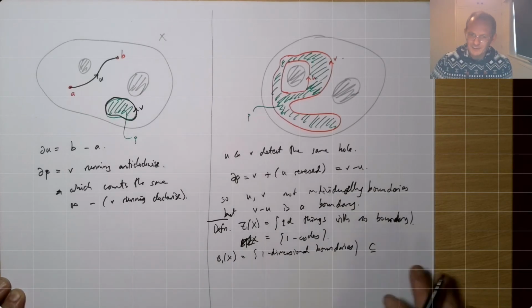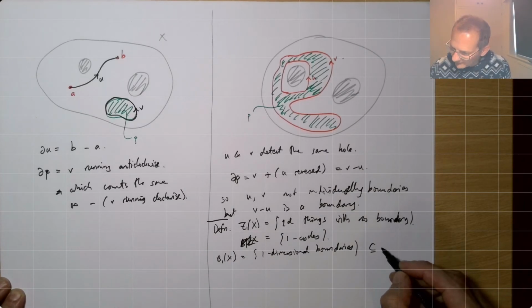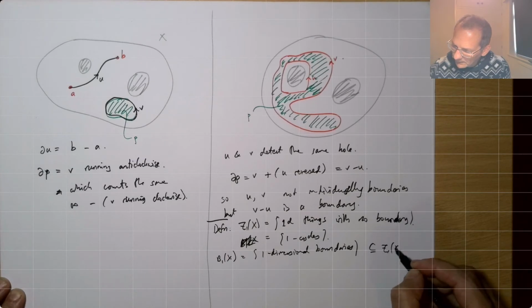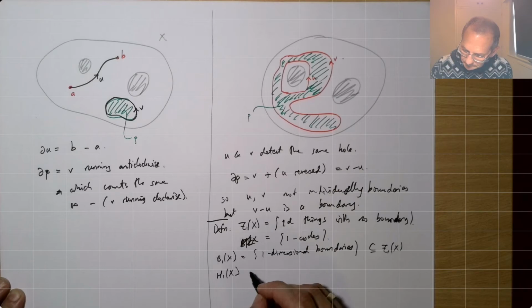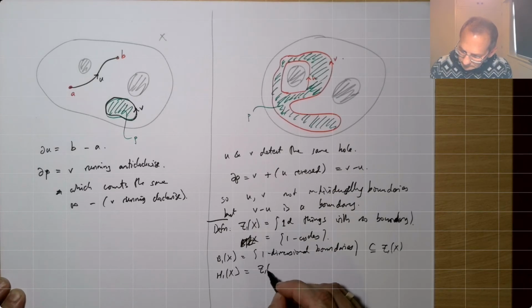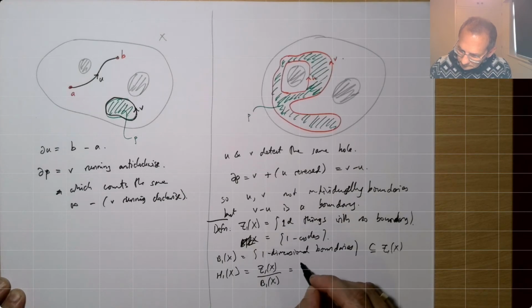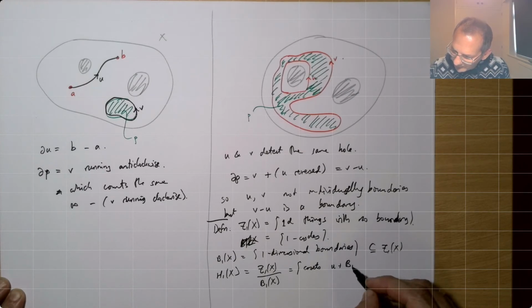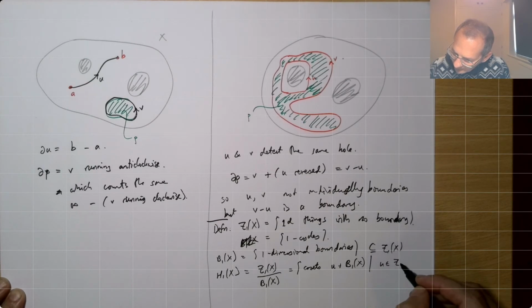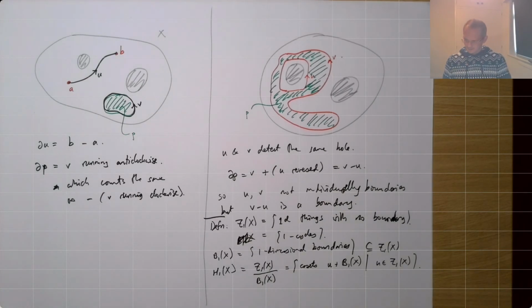And as we said, every boundary is a cycle, so this is actually a subgroup of Z1 of X. And H1 of X is going to be the quotient group. That's the set of cosets like U plus B1 of X, where U is a cycle. Okay.